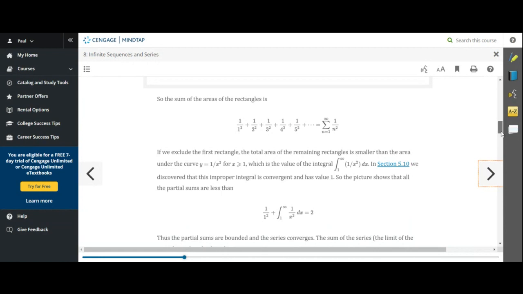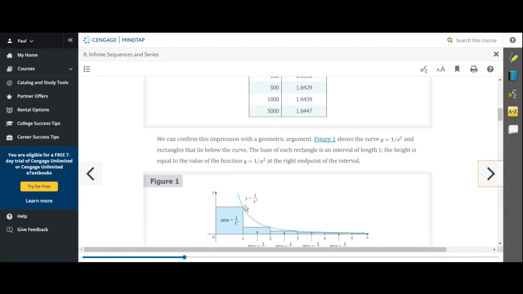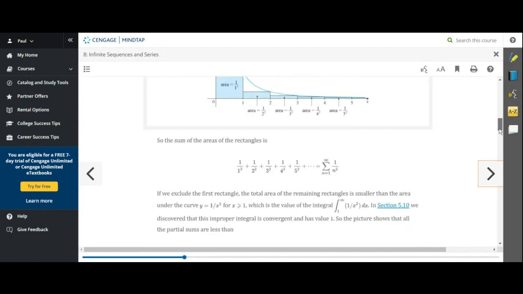So that means it's convergent. And so if the integral converges, the series converges, because the sum of the areas of those boxes has to be less than 2.